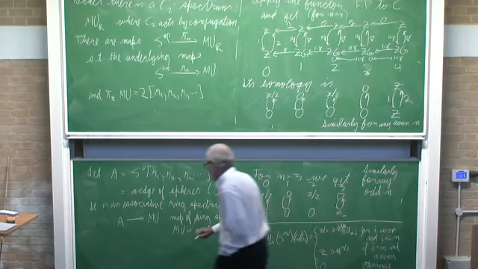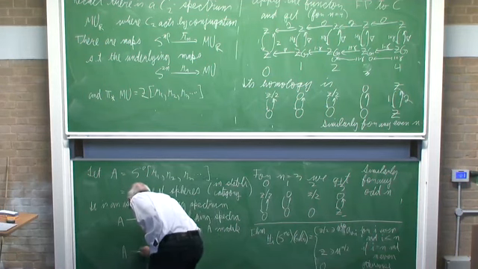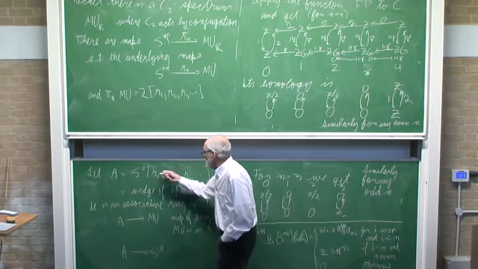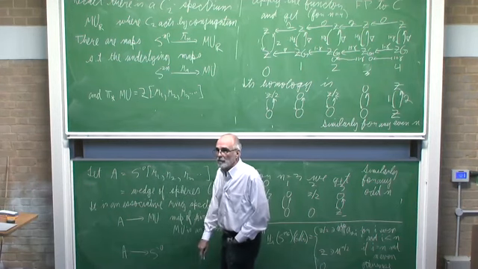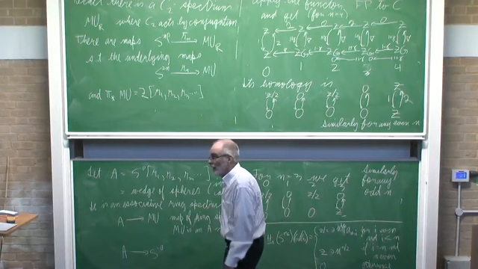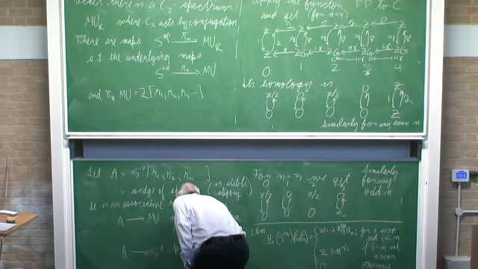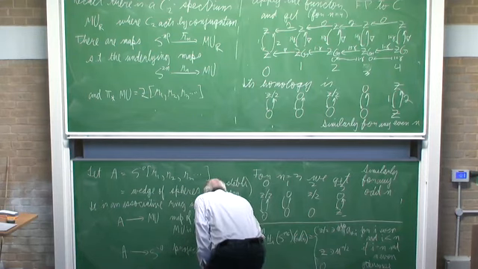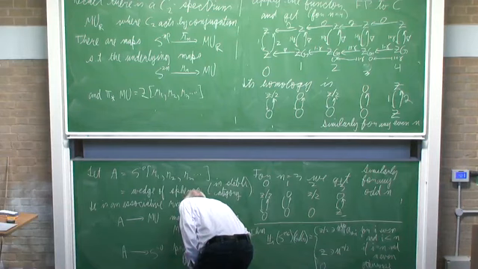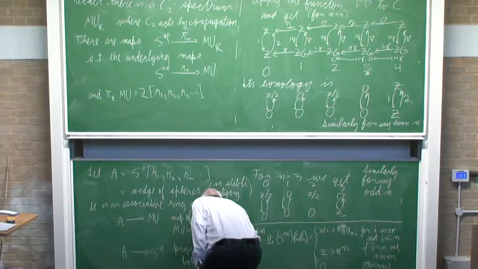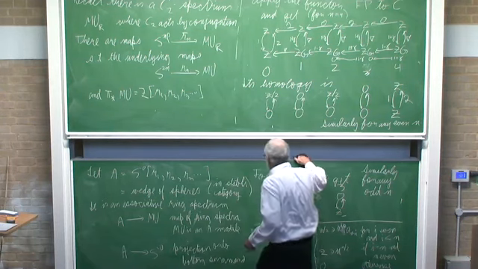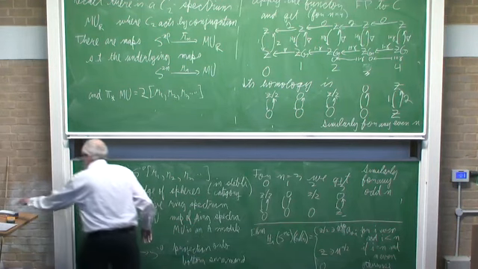Now, there's another map that I'm interested in. And that's the map to the sphere spectrum that sends all the positive dimensional summands in here to 0. Just projects onto the bottom summand. Now, with that in mind, we can do the following.